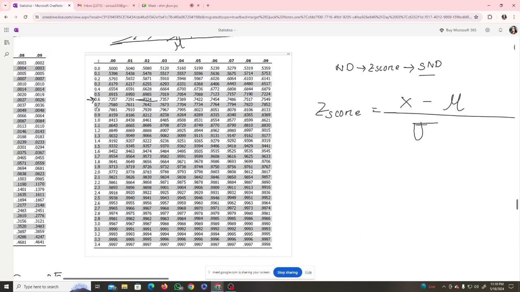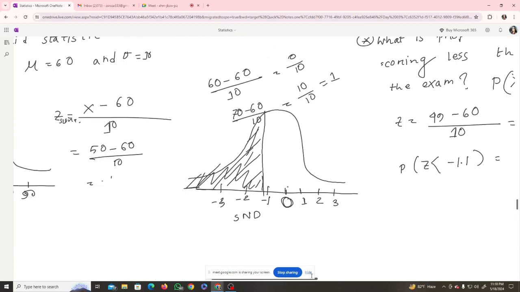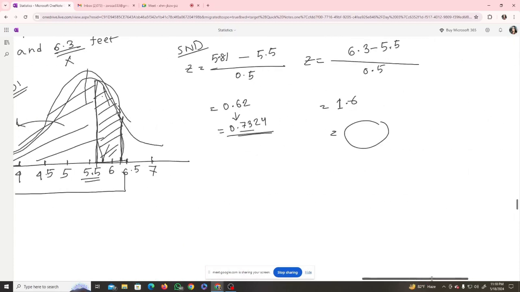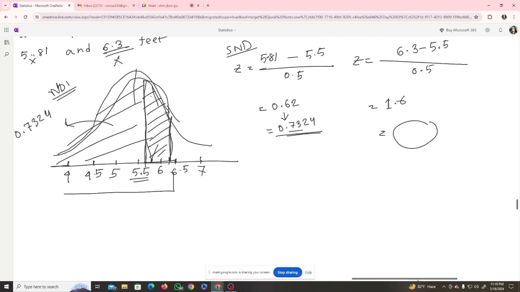So this is your value, which is 0.9452. So what do you understand? That this whole area from 6.3 is 0.9452.